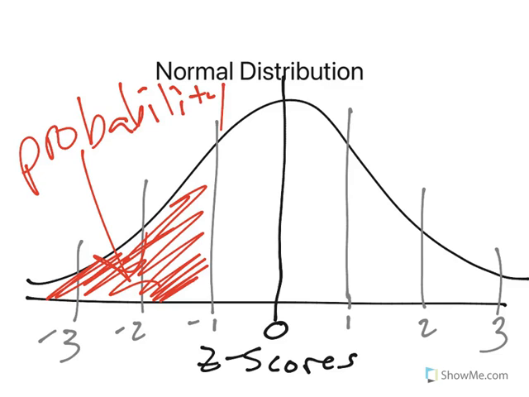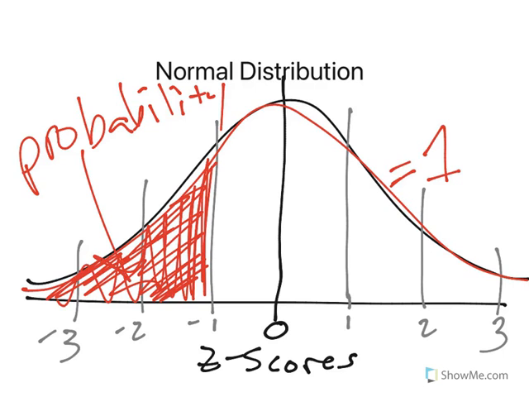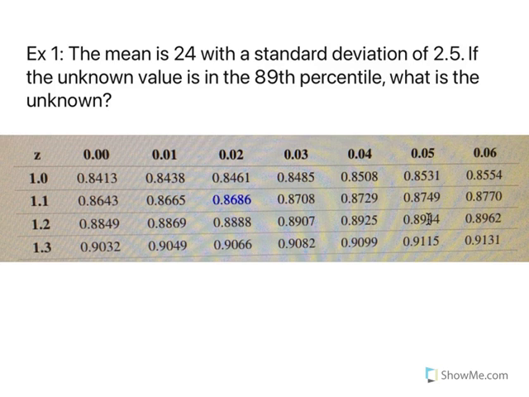So the entire curve altogether equals 1 because it's the entire thing. But if we just take part of it, then it becomes a probability somewhere between 0 and 1. So we are going to use the normal distribution idea of z-scores in order to find unknown values. So let's just go with a basic example.